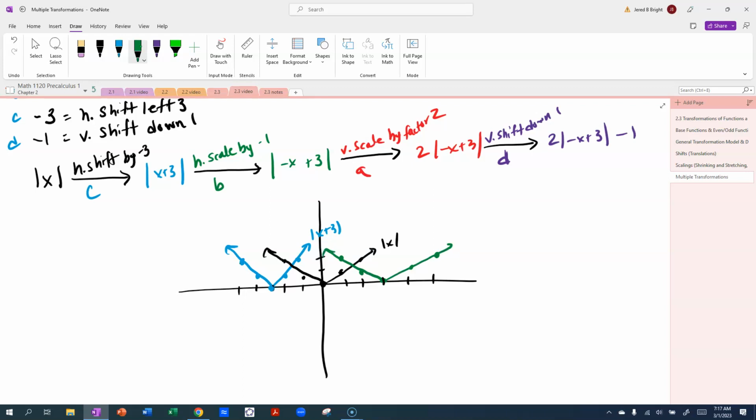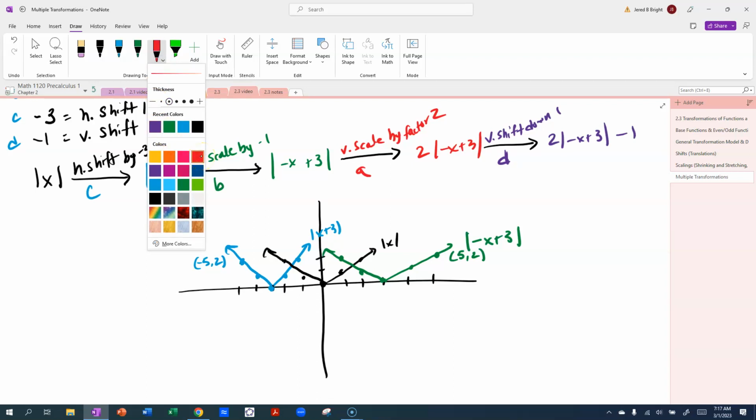So something like that would be the absolute value of -x plus 3. And if you need to write little coordinates just for yourself, so this is like -5, comma 2, and then recognize that that would go to +5, 2 under a horizontal reflection. That's perfectly fine.